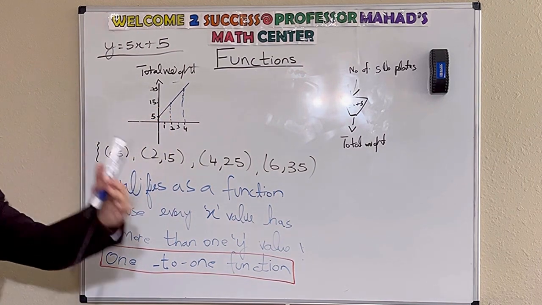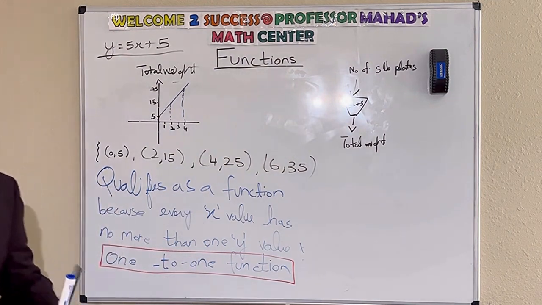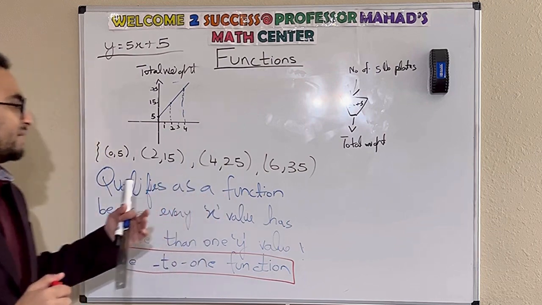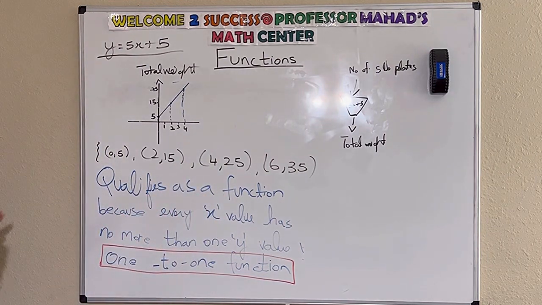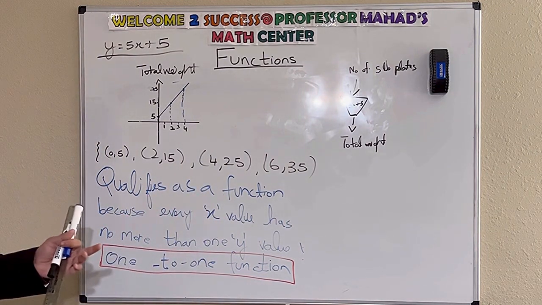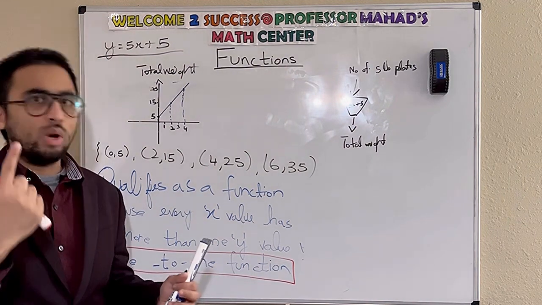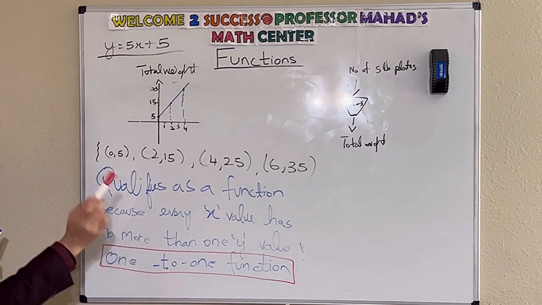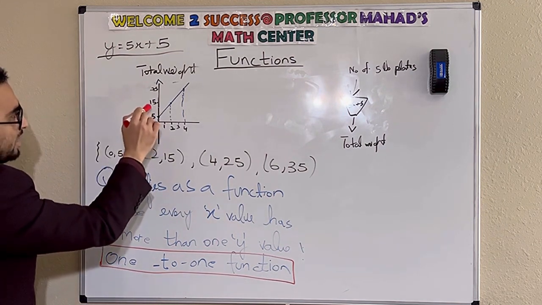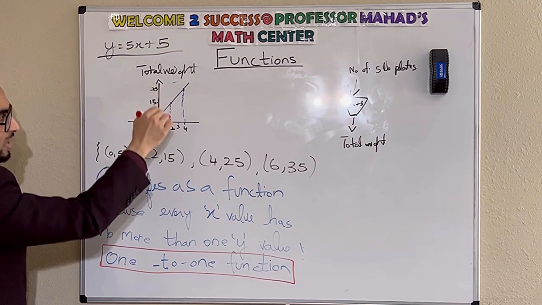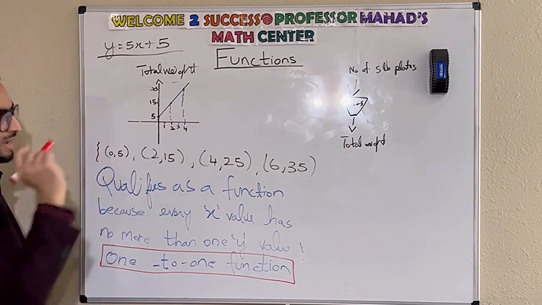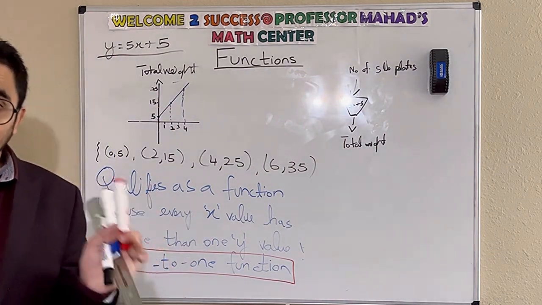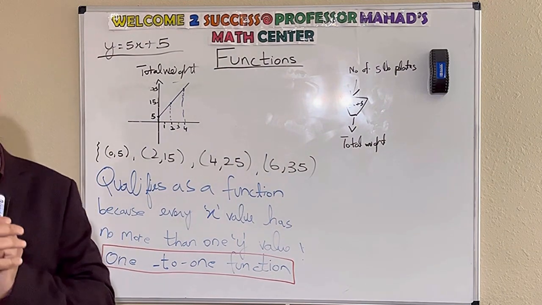That is also a function, right? Because it does not violate the condition of every x value having one y value. But one-to-one can only be called if every y value also has only one x value. Mind you, y values can have more than one x value, and it will still be called a function.